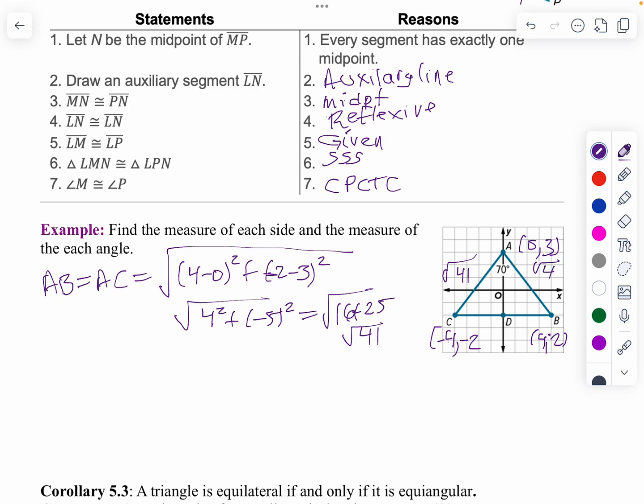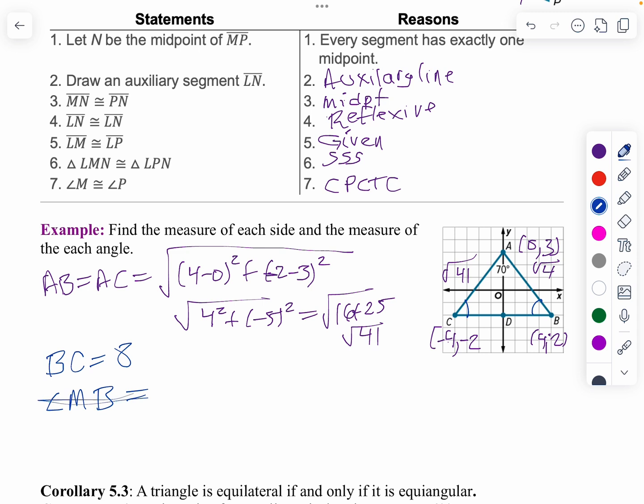And then to find B to C, I don't have to use the distance formula because it's a horizontal line. I'm going from 4 to negative 4, so B to C is 8. So I've got an isosceles triangle. Since I have an isosceles triangle, I know my base angles, B and C, are the same.